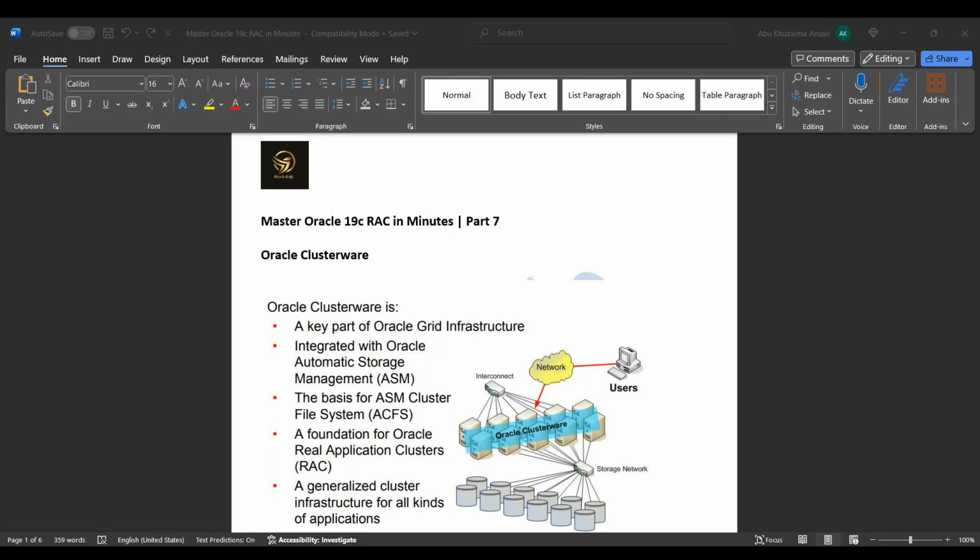Anything that Oracle Clusterware manages is known as a CRS resource. A CRS resource can be a database, an instance, a service, a listener, a VIP address, or an application process. Oracle Clusterware manages CRS resources based on the resource's configuration information that is stored in the Oracle Cluster Registry, that is OCR.